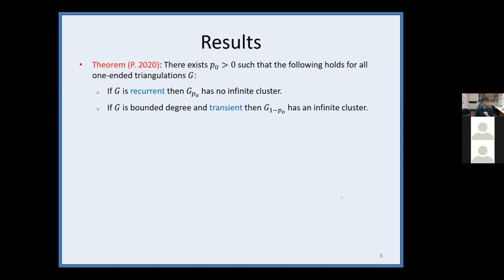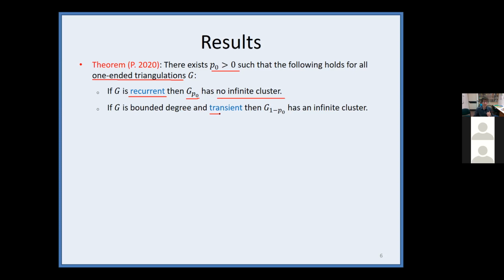Okay, so here is the main result. There exists p naught such that the following holds for all one-ended triangulations. If you have a recurrent triangulation, then at p naught, which is some fixed number, you may have in mind e to the minus 26, a very small but positive number, then at this small but positive number, there is no infinite connected component.